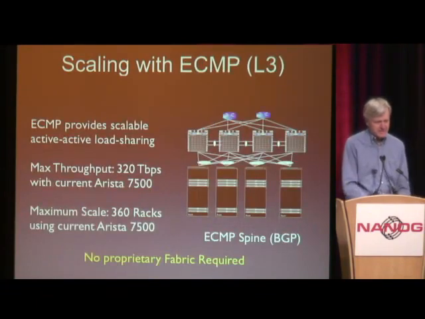The layer 3 design is much more scalable because there's no layer 2 limitation, of course, and we have customers that have deployed this with up to 16-way ECMP, delivering 320 terabits full duplex over a large number of servers. And again, no proprietary fabrics here.